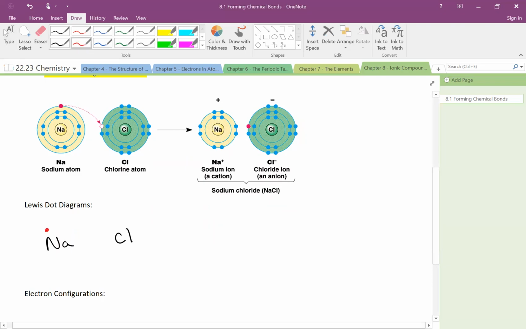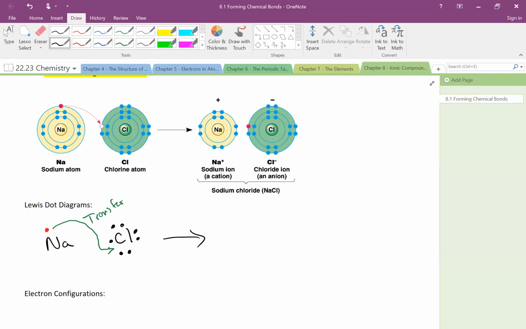So we've got our sodium, and our chlorine is going to have 8 valence electrons. 1, 2, 3, 4, 5, 6, 7. I'm sorry, I just said it would have 8 valence electrons. You guys, of course, know that it instead has 7 valence electrons because it wants to gain 1. Well, if these things are next to each other, there is going to be a transfer of electrons where my sodium will lose an electron.